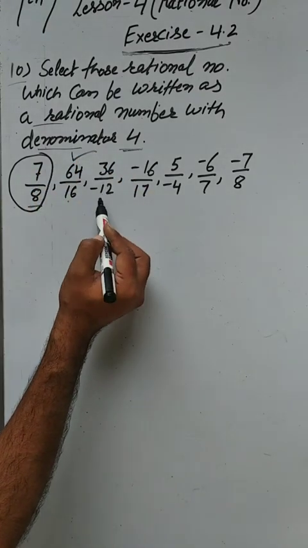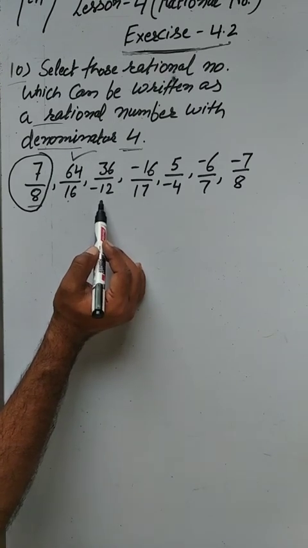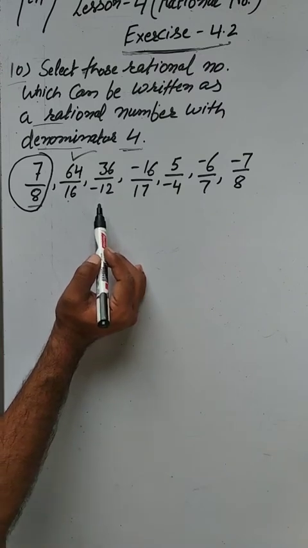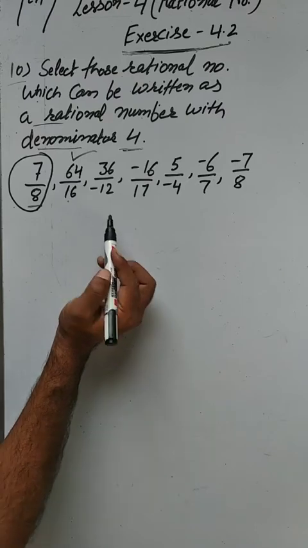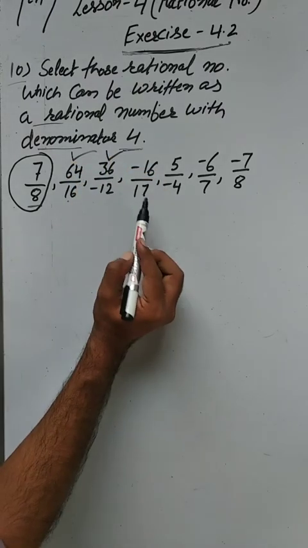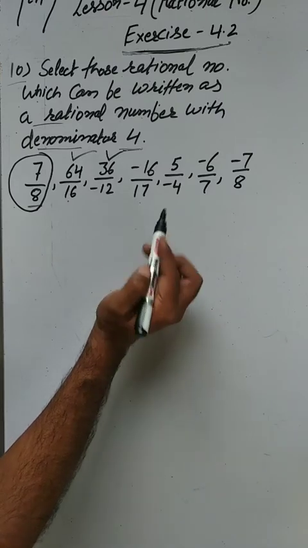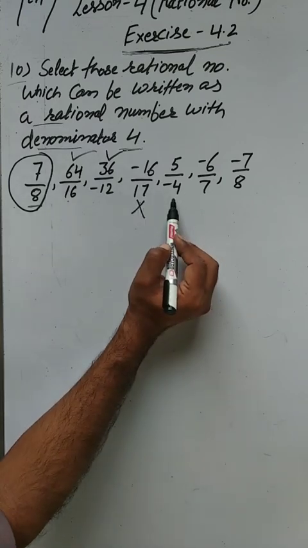And in the third, the denominator is minus 12. Can I change minus 12 into 4? Yes, minus 12 can be changed into 4. If minus 12 is divided by minus 3, it will be changed into 4. And in the next rational number, the denominator is 17. Can I change 17 into 4? No, it is not possible. In the next, the denominator is minus 4.